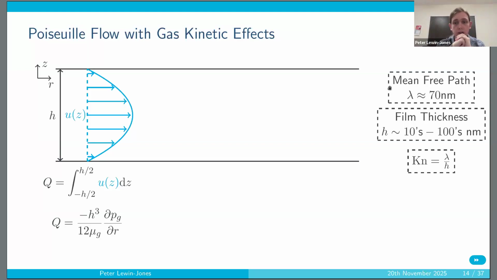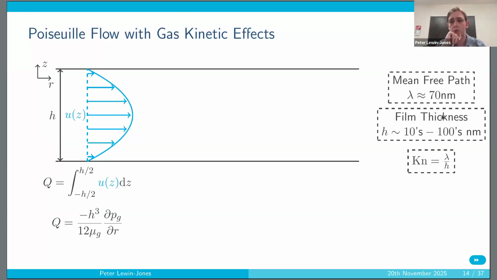When you do continuum mechanics or classical fluid dynamics, you're always assuming that the length scales of your problem are much, much larger than any of the molecular scales of the fluid. That allows you to treat the fluid as a continuum. But it turns out that here this isn't actually true for our problem.